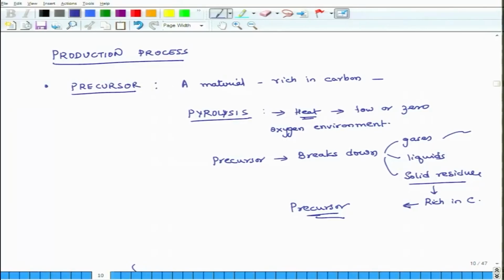So, how do you get a precursor? You take a material which is rich in carbon, heat it through pyrolysis, and then you are left with a residue, which is the precursor. Okay. So, this is your precursor, and if it is a good precursor, what should it have?